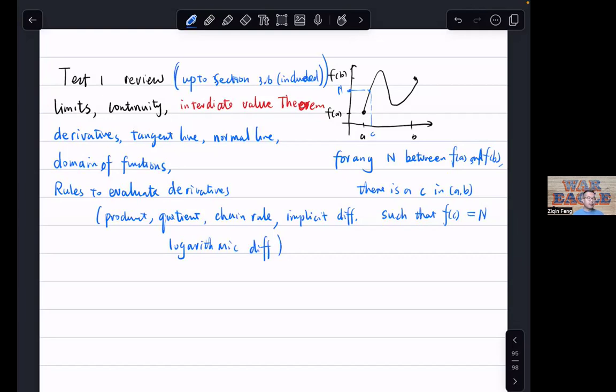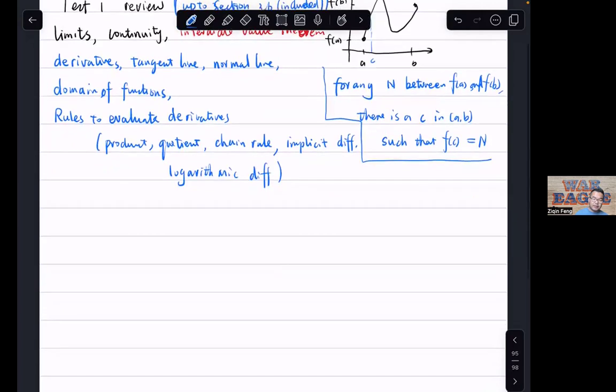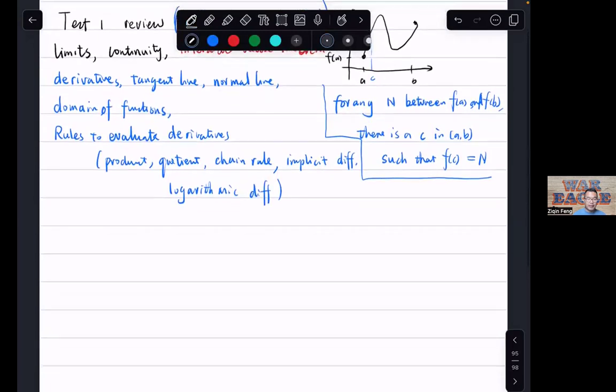So what we want to do next is do a few examples in these topics. The examples I will discuss do not cover all the topics. If you want to prepare for the test better, you should go to the homework assignment and do the problems in these topics, right? Then you will be better prepared that way. So that's the way to prepare for test one.